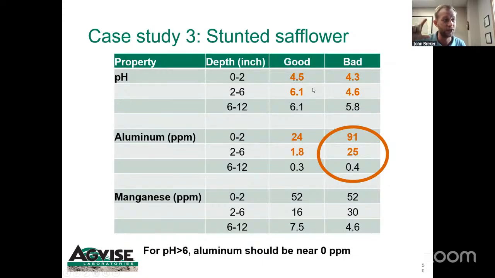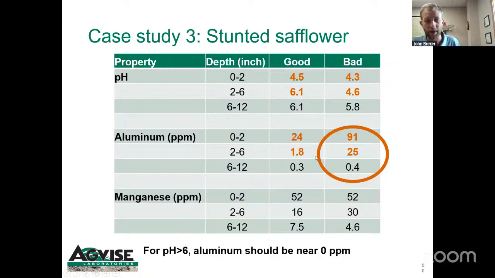But by the time you got to the 2 to 6 inch, that pH was up around 6. So you wouldn't expect to have much aluminum in that 2 to 6 area. But in the bad area, it was in the 4s all the way through the 6-inch profile and still less than 6 down in that 6 to 12.